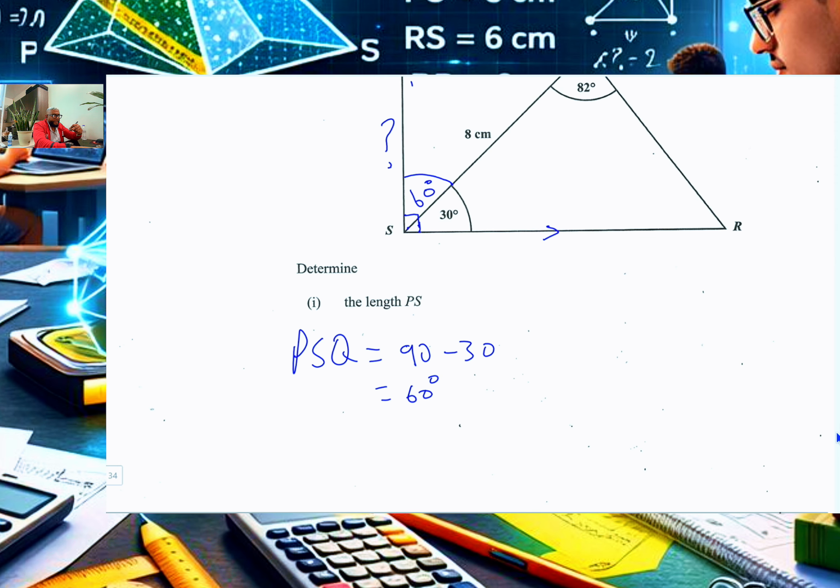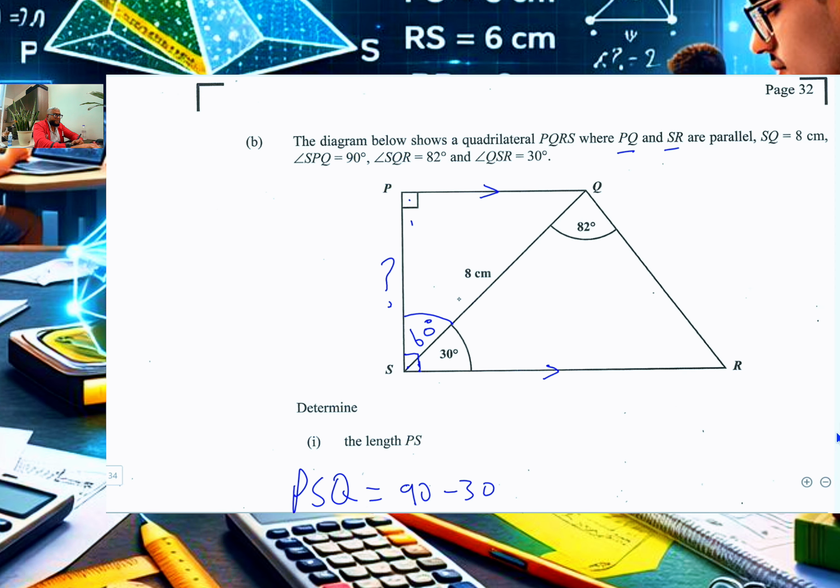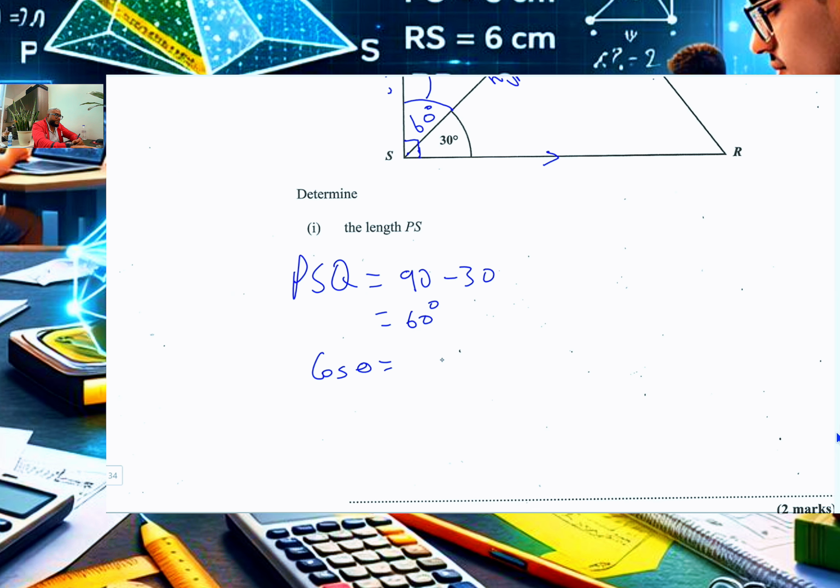What can we use to find PS? Because it's a right angle triangle, what formula is that? The cosine of the angle theta is equal to adjacent over hypotenuse, right?